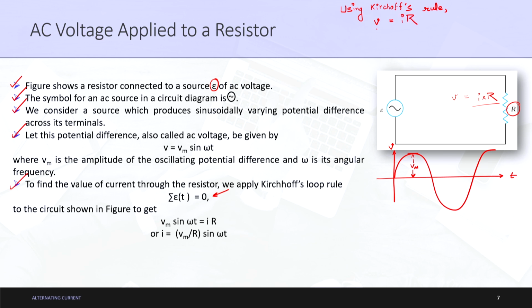Now, as we already know, V is basically Vm sin omega t, which is equal to IR, correct.